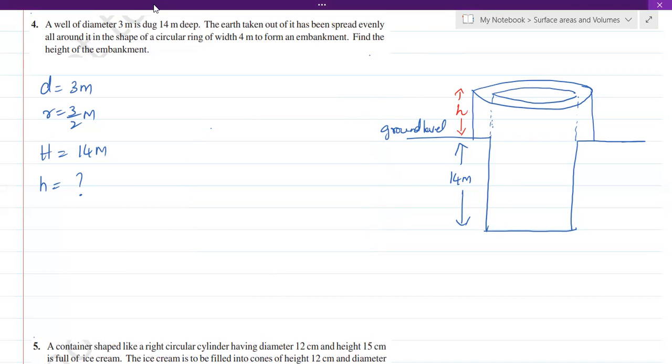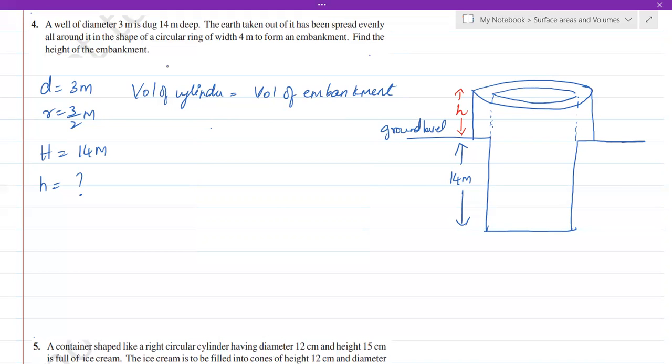So the volume of the cylinder is equal to the volume of the embankment. We converted one shape into another shape. Therefore, volume of cylinder is equal to volume of embankment.